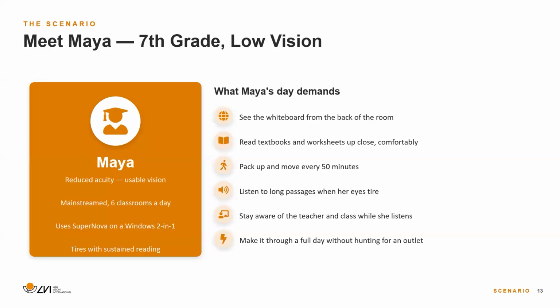She needs to be able to listen to long passages in her textbooks or online when her eyes fatigue. She needs to be able to listen to the teacher and have some of that speech output, and do that at the same time on occasion. And she needs to make it through a full day without hunting down an outlet.